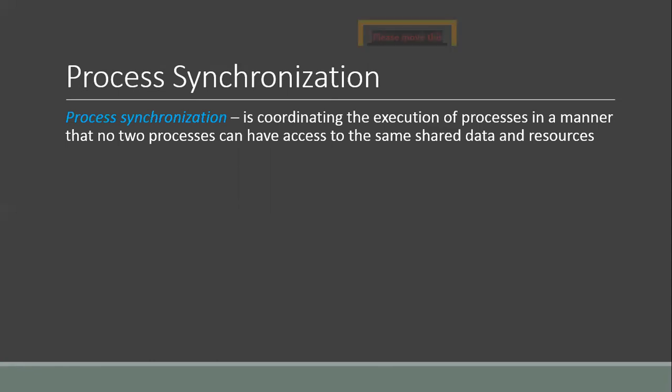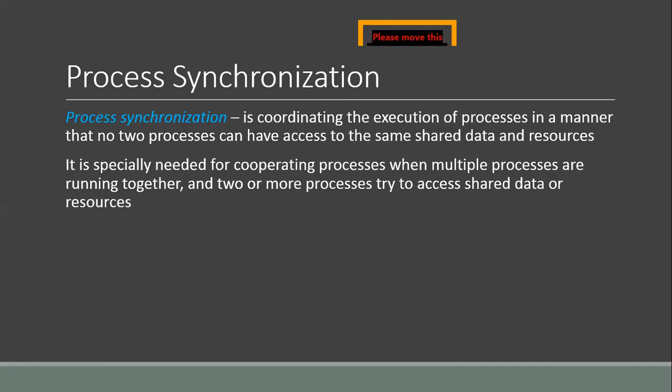Shared data or resources should be accessed by only one process. It is especially needed for cooperating processes, when multiple processes are running together and two or more processes try to access shared data or resources.